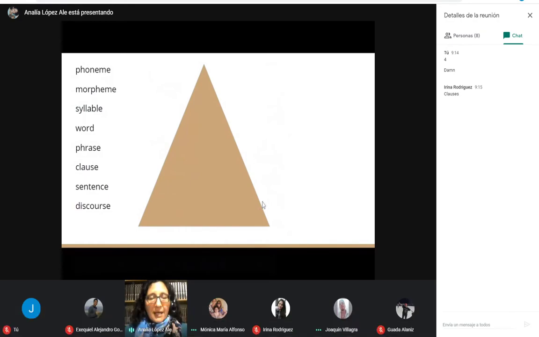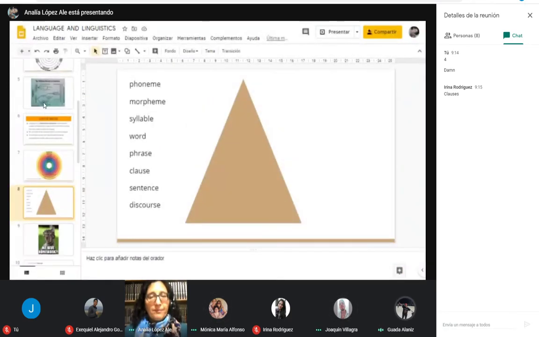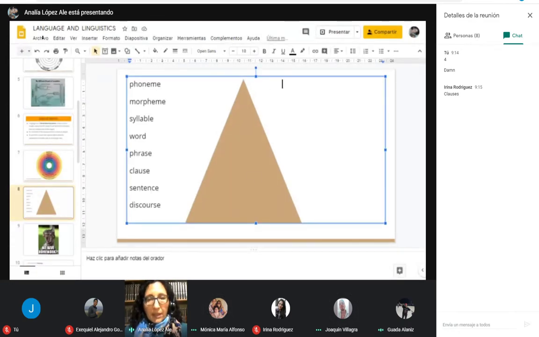Phoneme is studied by which branch? Phonetics, phonology. Phonetics, phonology, no problem. Go on. Morpheme and syllables. Morphology and lexis.